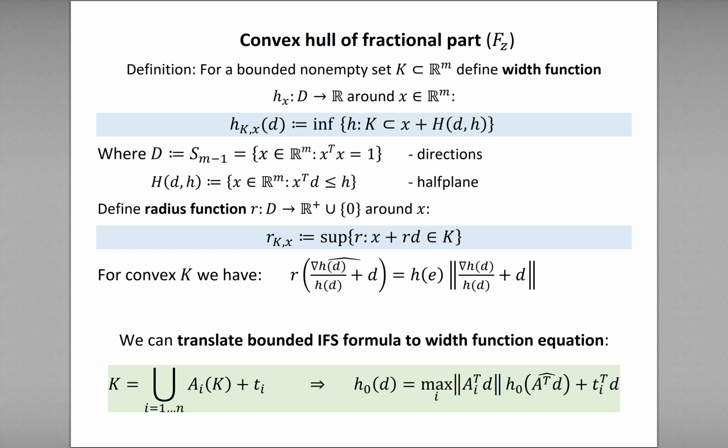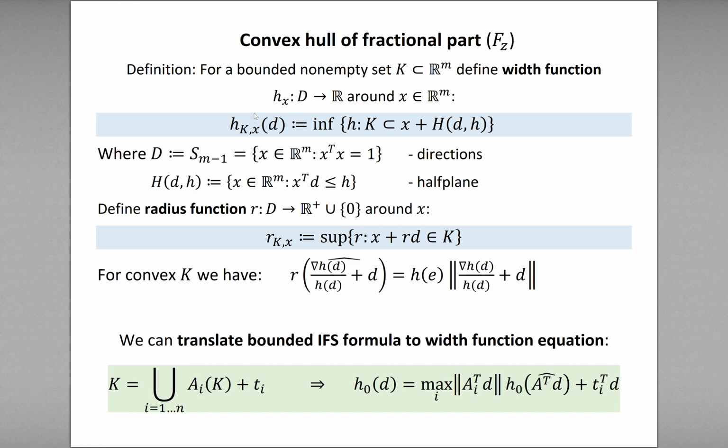For example, such a function can be this H function, where we try to put some half planes bounding the fractal from different directions, and the position of such a supporting half plane can be defined by a given function. So for every direction D, we say how far the supporting plane is in this direction.